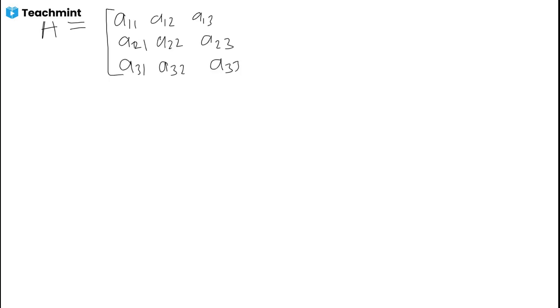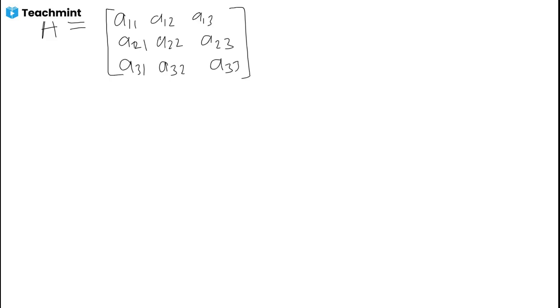These are the elements of the first row and first column, first row and second column, first row and third column. So we write them according to the number of rows and columns. So this is a square matrix of order 3.